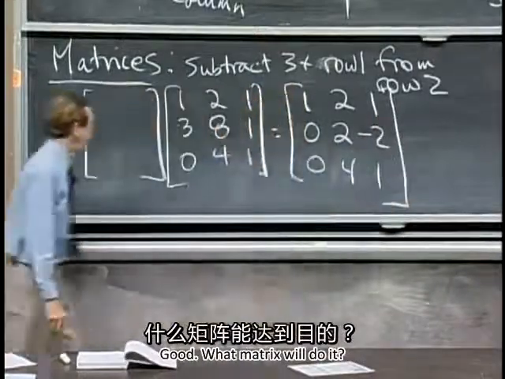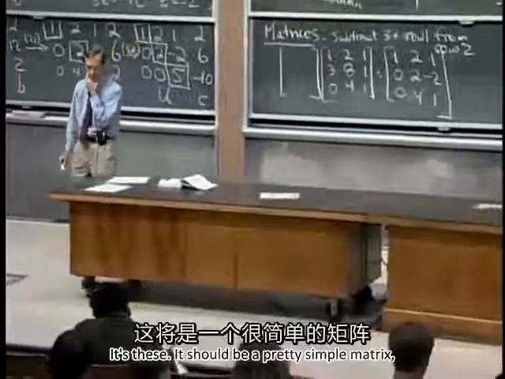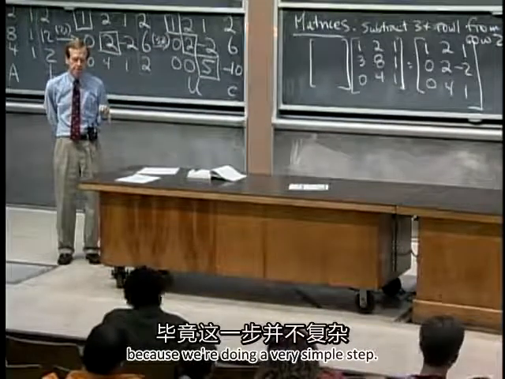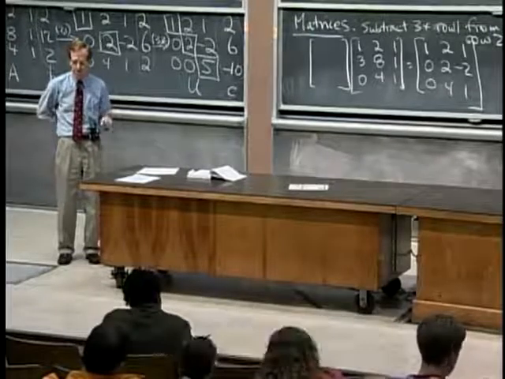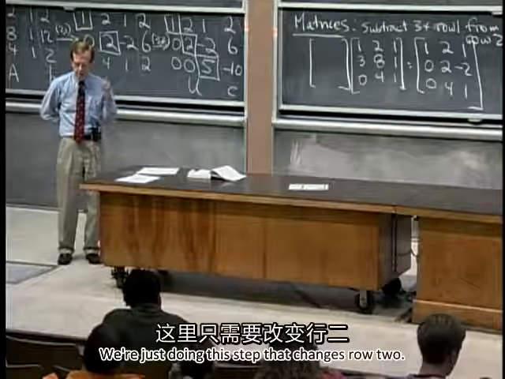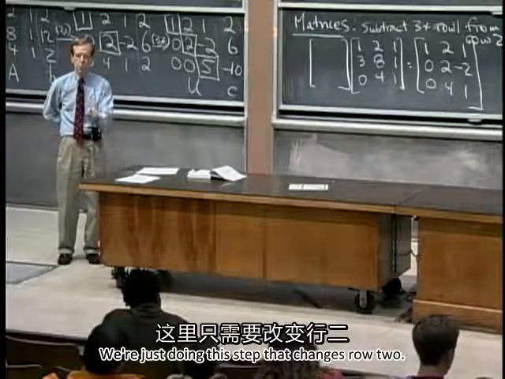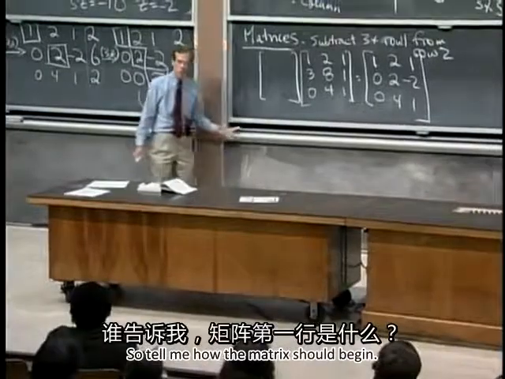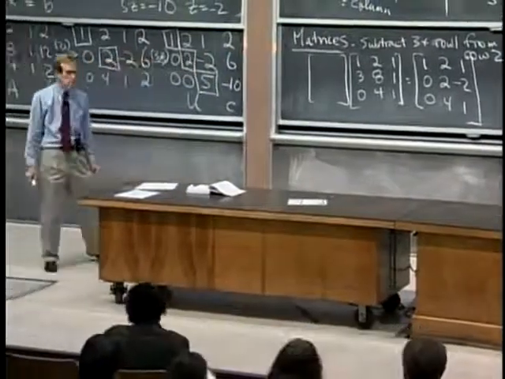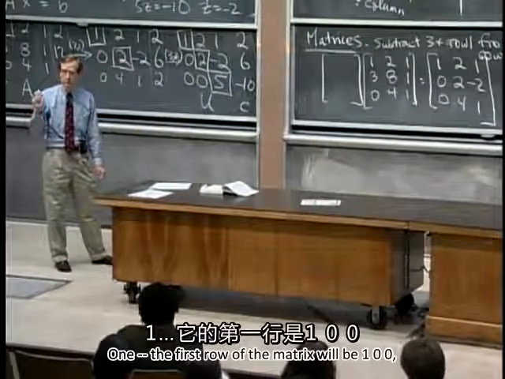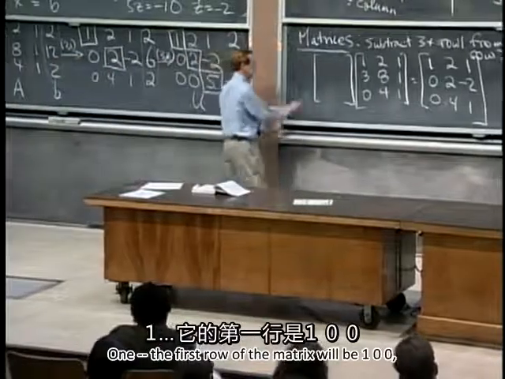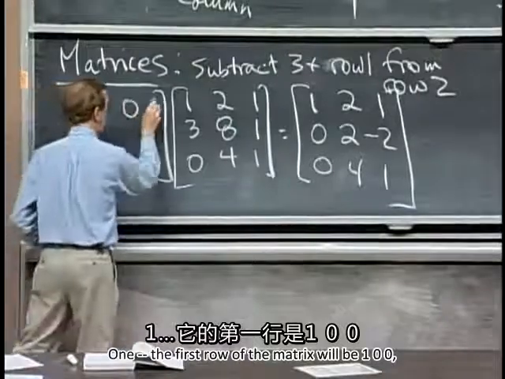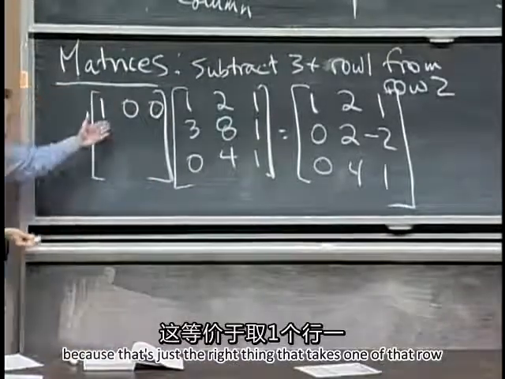Good. What matrix will do it? It should be a pretty simple matrix because we're doing a very simple step. We're just doing this step that changes row 2. So actually, row 1 is not changing. So tell me how the matrix should begin. The first row of the matrix will be 1, 0, 0. Because that's just the right thing.